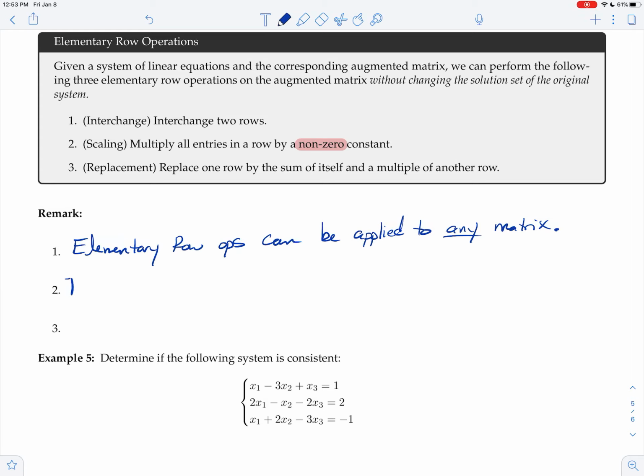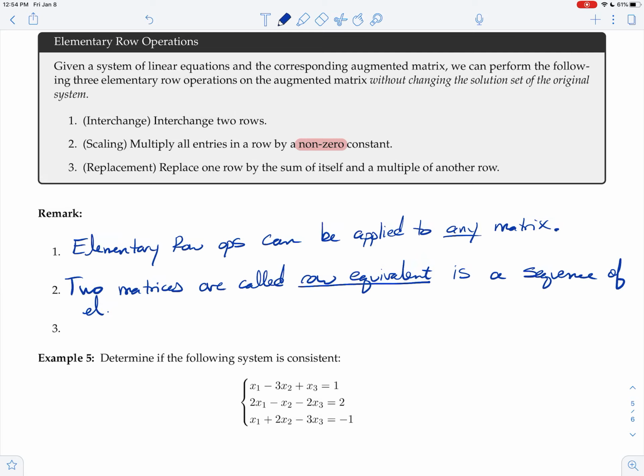And 2 matrices are called row equivalent if there's a sequence of elementary row operations that change one to the other.